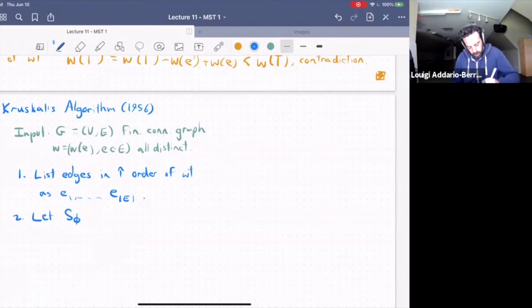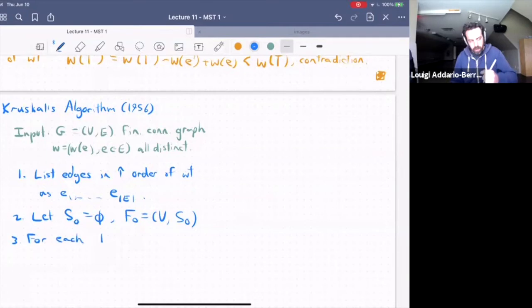So at time 0 we have no edges. S is going to be our name for the edge set that we're growing, and at time 0, the spanning forest has no edges, so it's V, S0. Now we do what I just said in words.